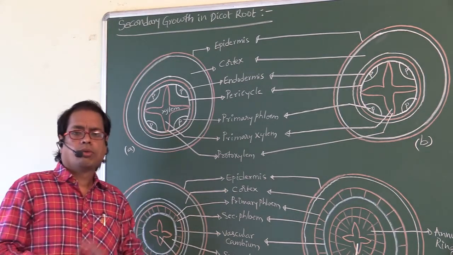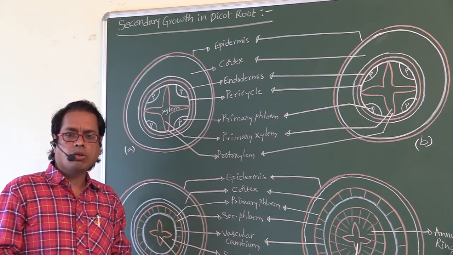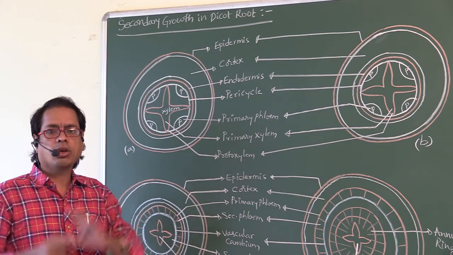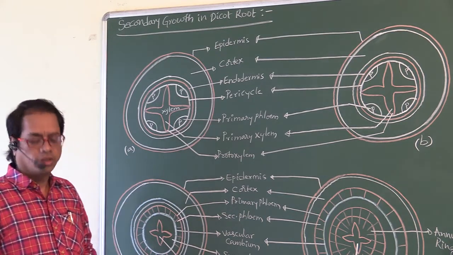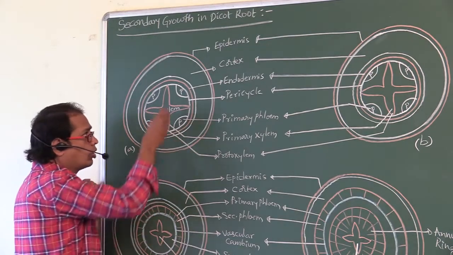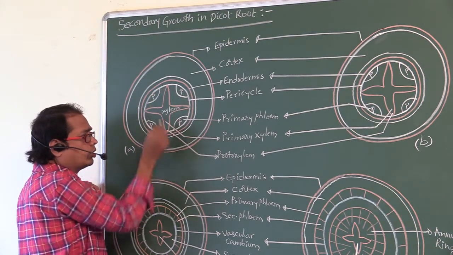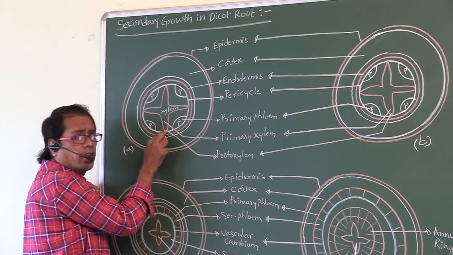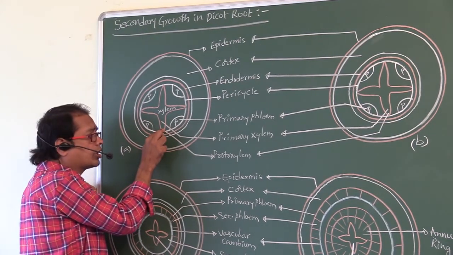Now, what parts of the dicot root help in secondary growth? How does secondary growth in dicot root occur? This is what we are going to discuss. Here you can see the protoxylem.